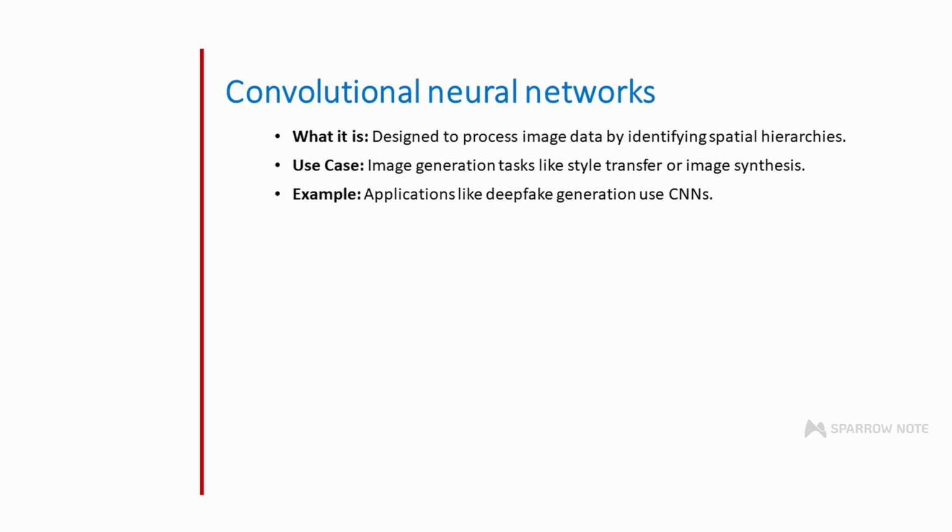Typically, it should be an image. This data is then fed into a pooling layer for simplifying the parameters, but it will keep the important information. This process repeats many times, sometimes including other layers as well. This type of neural network is designed to process image data by identifying spatial hierarchies.